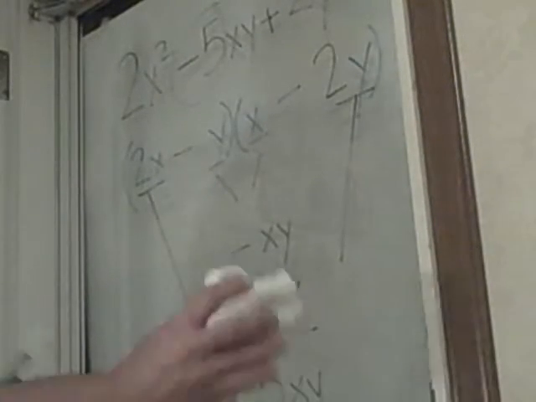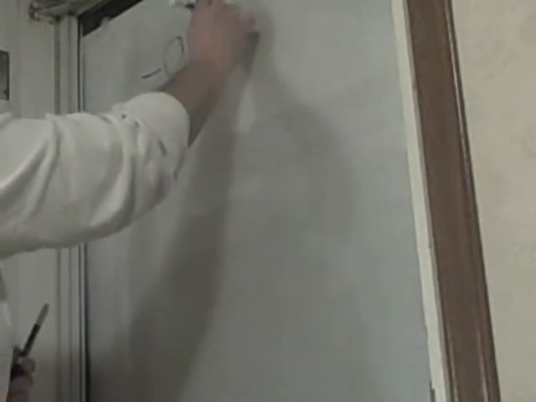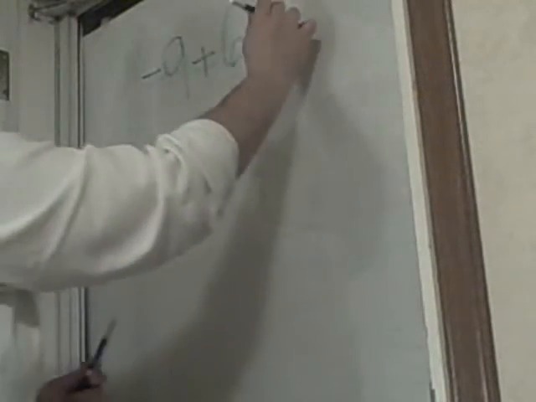Our last example is going to make us rearrange our terms first. Sometimes they give us an example like negative 9 plus 6x squared minus 3x.